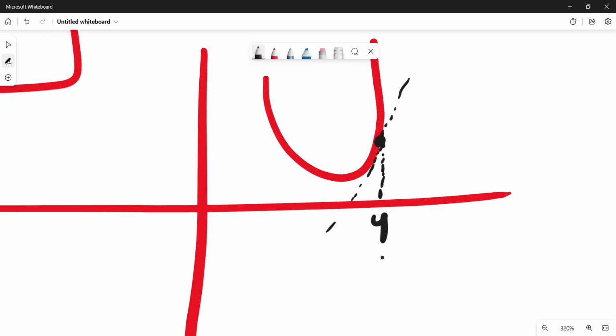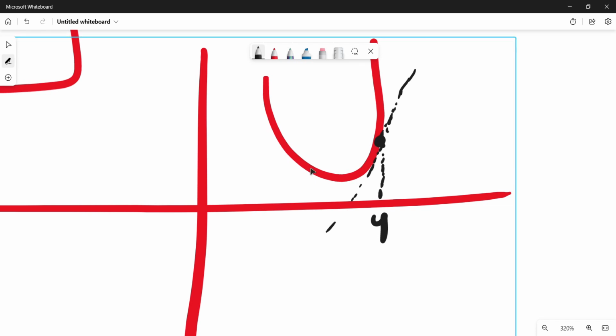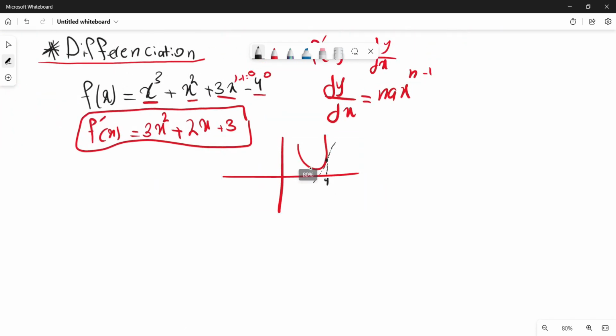I think we learned that if you want to find the gradient of a quadratic, you should draw a tangent. Once you draw the tangent, find the x. x is 4. Just replace it in the formula.